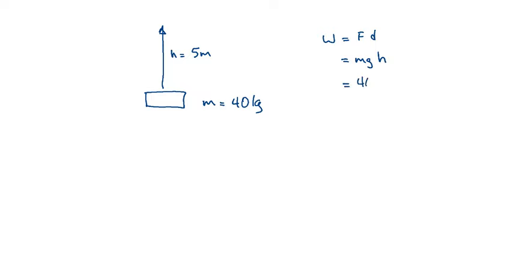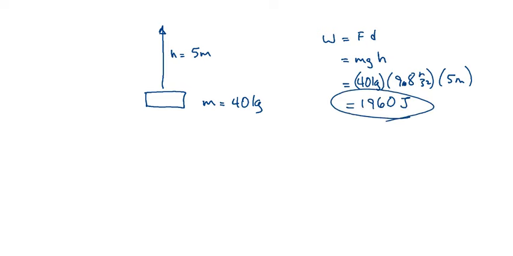So I'd have 40 kilograms of mass that I raise against gravity, 9.8 meters per second squared, a height of 5 meters. And 40 times 9.8 times 5 is 1,960 joules of energy that I have to expend, or 1,960 joules of work that I did.